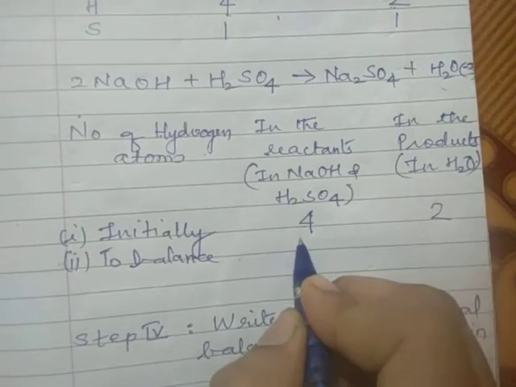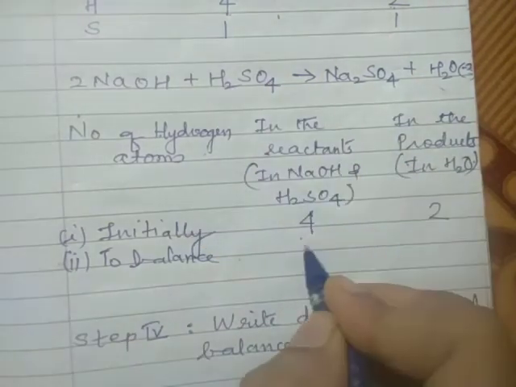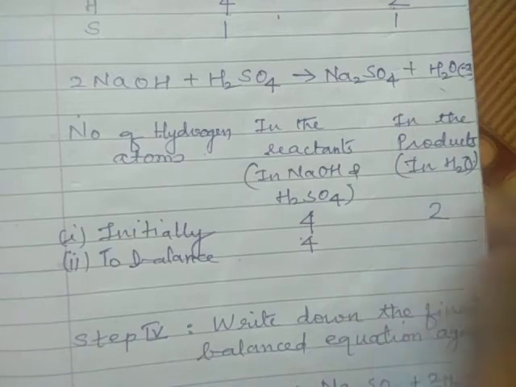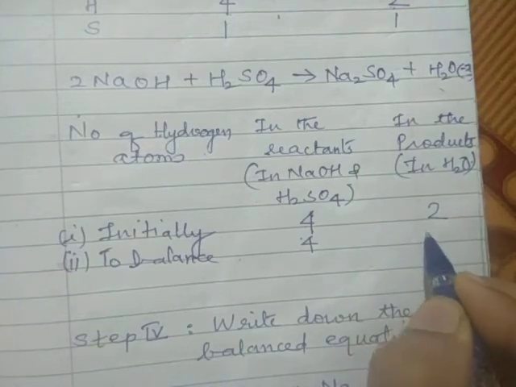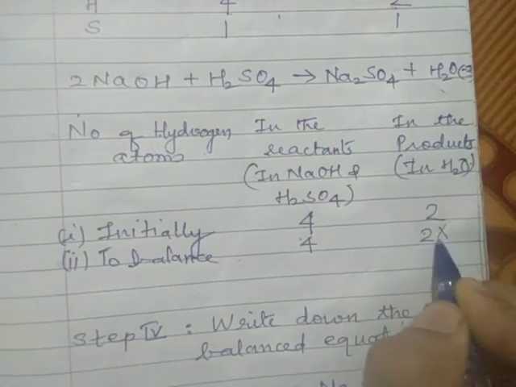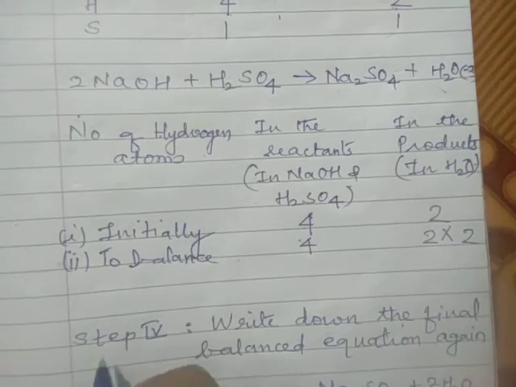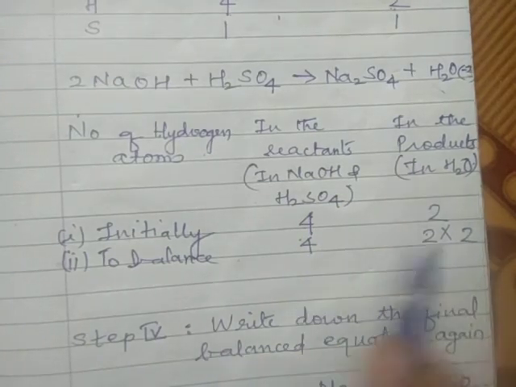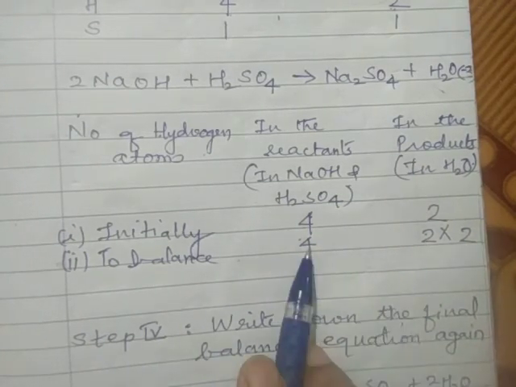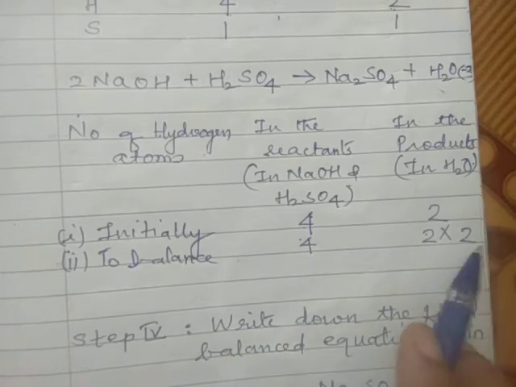To balance it we need to balance it on the product side. So we will multiply by a factor of 2, that is 2 multiplied by 2. Now it becomes equal, that is 4 hydrogens on the reactant side as well as on the product side.